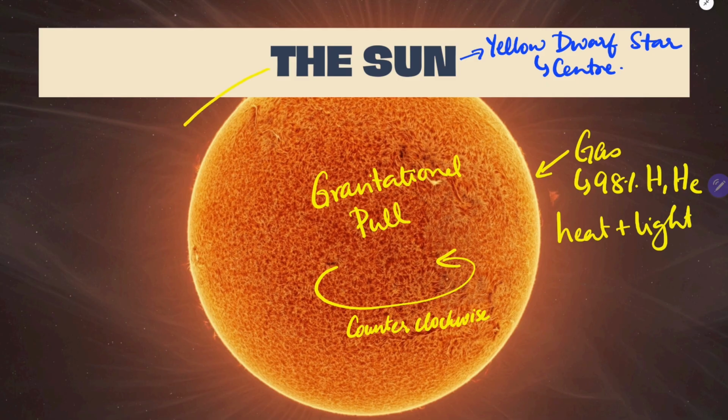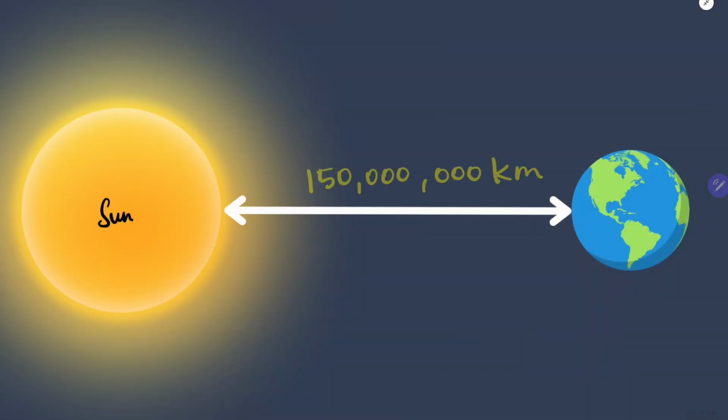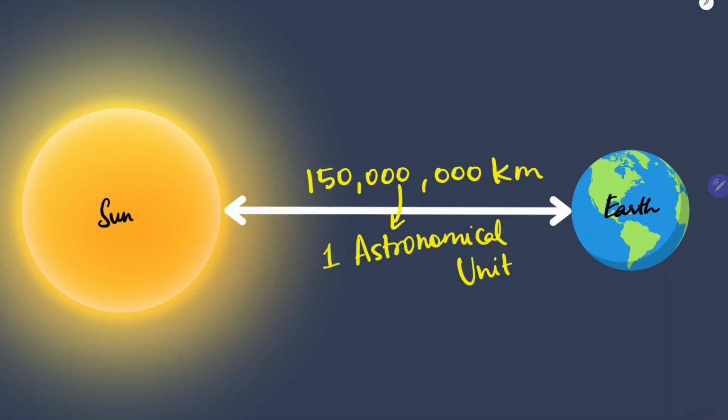As we've seen earlier, the closest star to the Sun is Proxima Centauri. The Sun is around 150 million kilometers away from the Earth. This distance is called an astronomical unit, or AU.